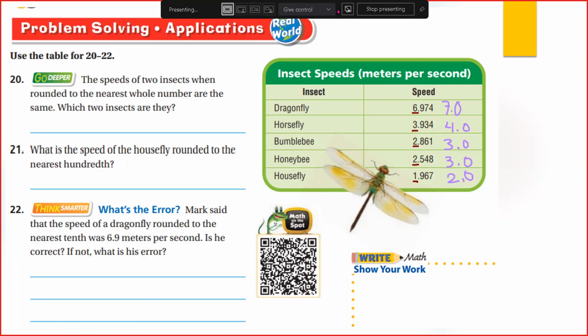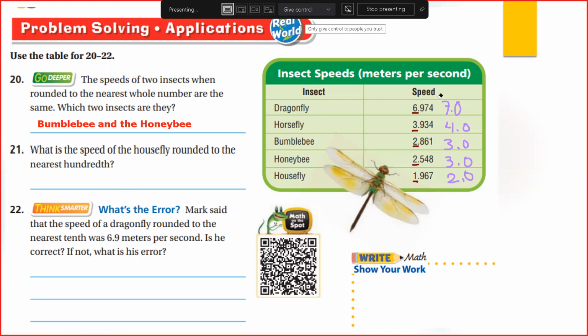Now, which two insects have the same rounding? Bravo. So the answer is, bravo. This is for this one. Now, Muna, number 21. What is the speed of the housefly rounded to the nearest hundredths?